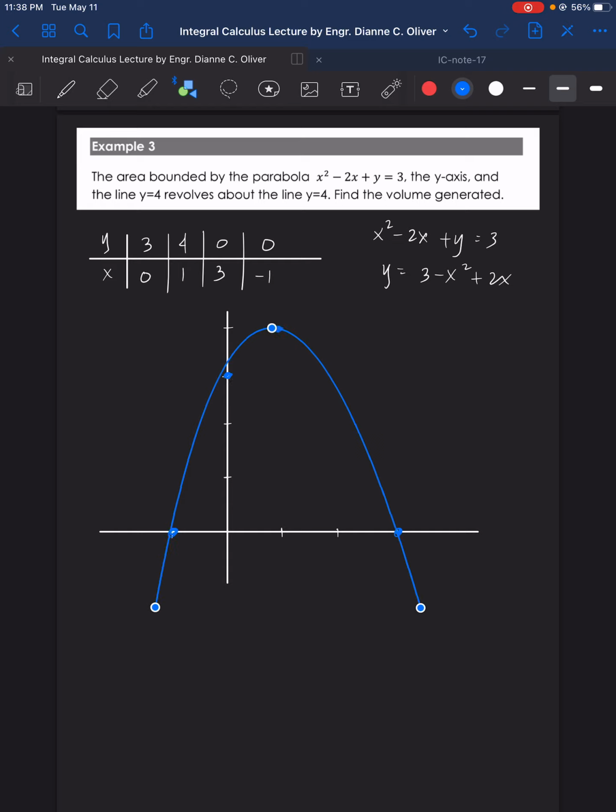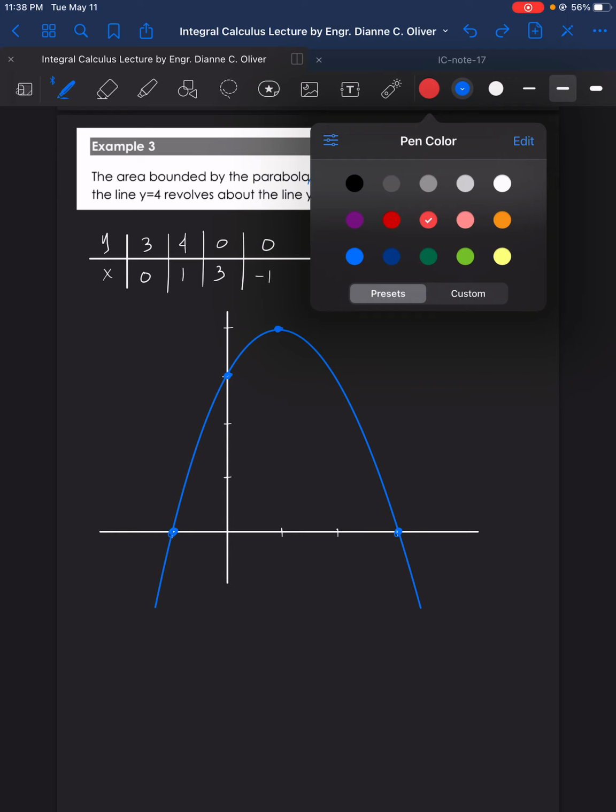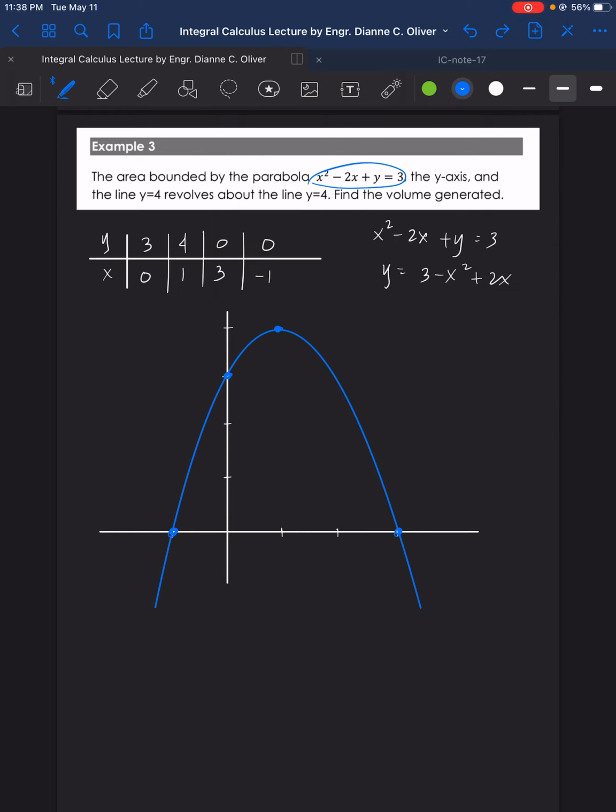Now, this is the boundary. That's the boundary, the parabola. The y-axis, this is the other boundary, the y-axis. And the line y is equal to 4. So, we have another boundary, the line y is equal to 4. So, there we go.